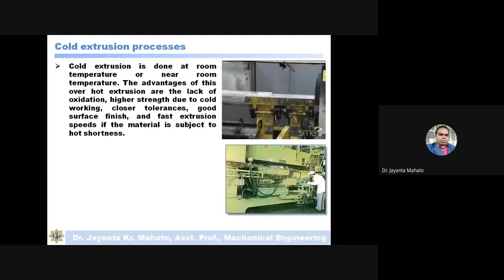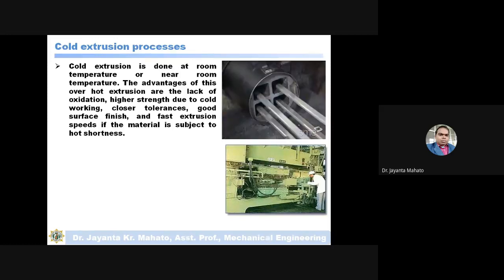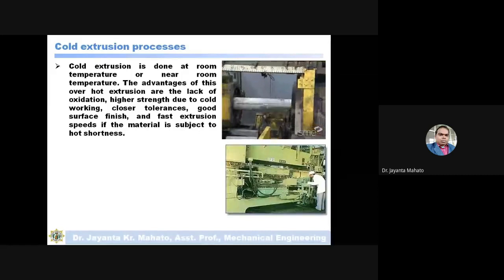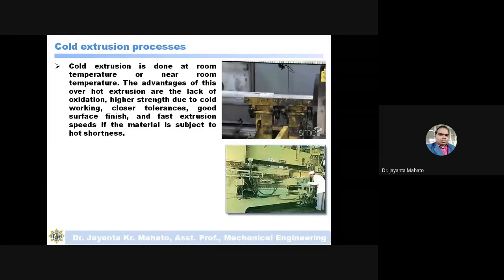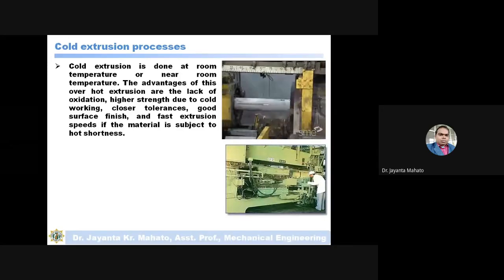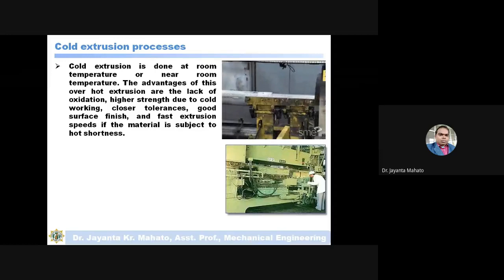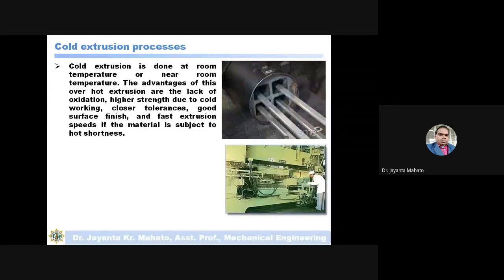In the case of the hot extrusion process, there is a chance of getting shrinkage, but in this case there is none. So close tolerance can be extruded, and better surface finish can be extruded. As there is no chance of oxidation, a better surface finish can be obtained by this cold extrusion process.